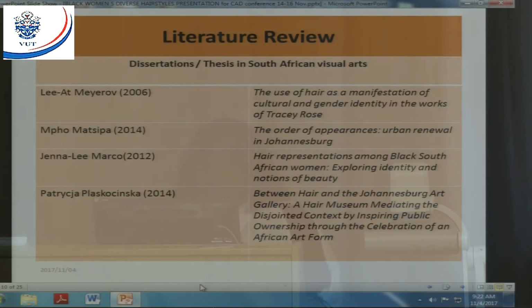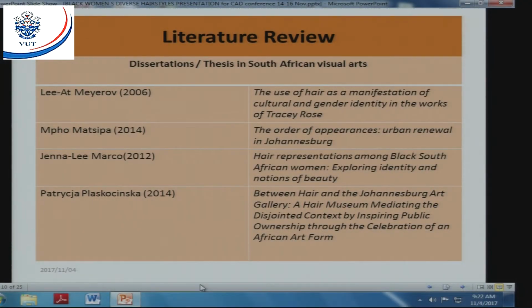Another study that I've looked at is Hair and the Johannesburg Art Gallery, a Hair Museum Mediating the Disjoint Context by Inspiring Public Ownership Through the Celebration of African Art Form. In this study, Plaskosinka combined hair and architecture.